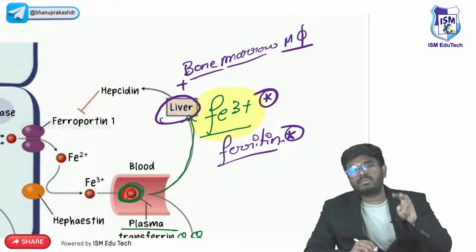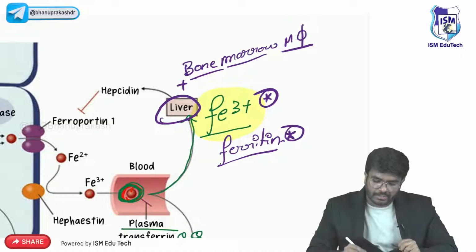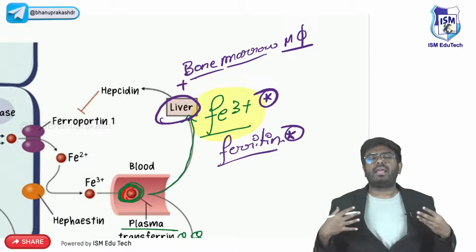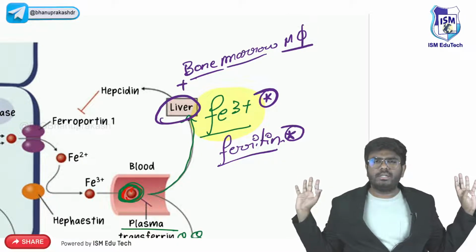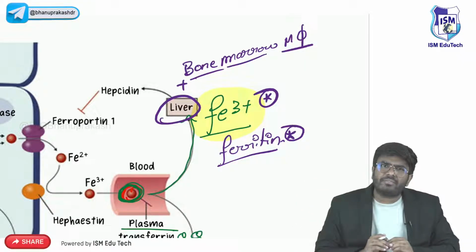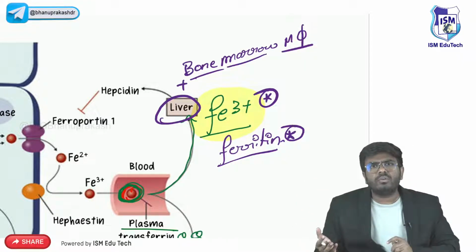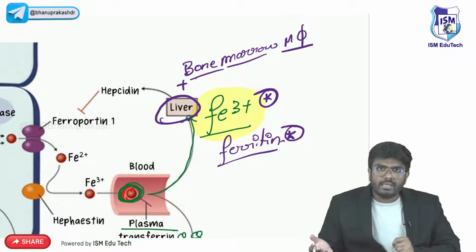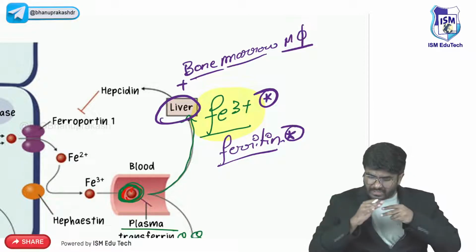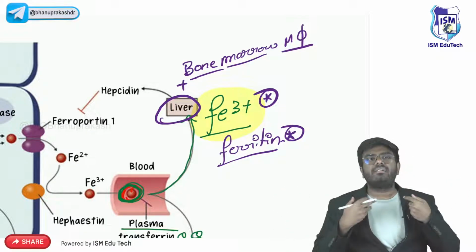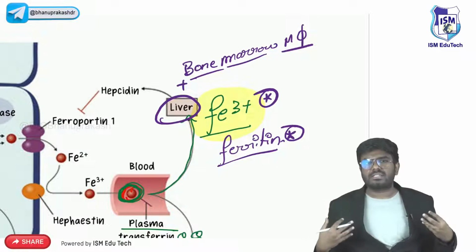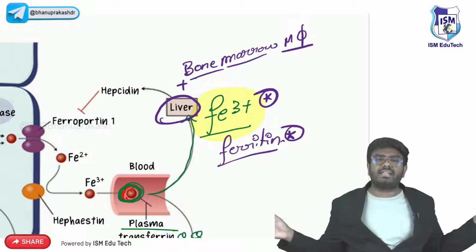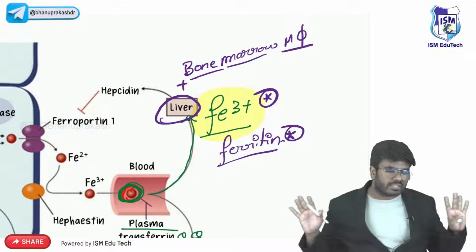Now, in your exams, especially FMGE, when you have a sufficient amount of iron in your body, is there any further need to absorb extra iron? No, iron is not a good thing, to be frank. Once iron enters your body, it will never come out. We humans do not have any specific mechanism to excrete iron. Once iron enters the body, it will stay lifelong.